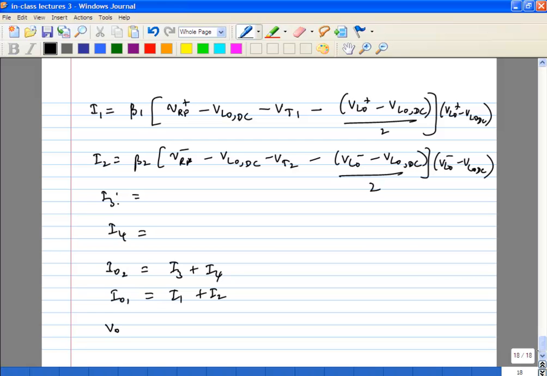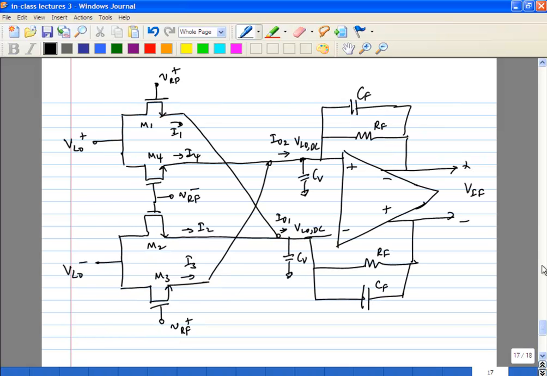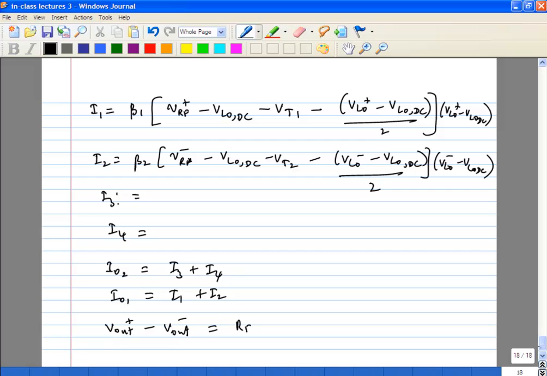And what is Vout plus, Vout minus? Let's just look at the low frequency term. Let's say this is VIF, right? So this is nothing but RF. Okay. Give me a second.